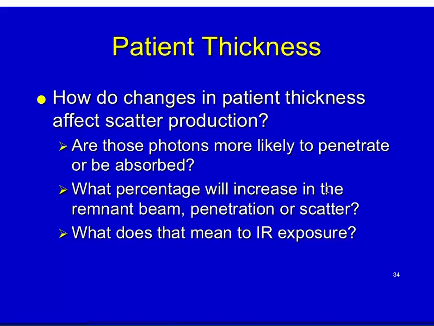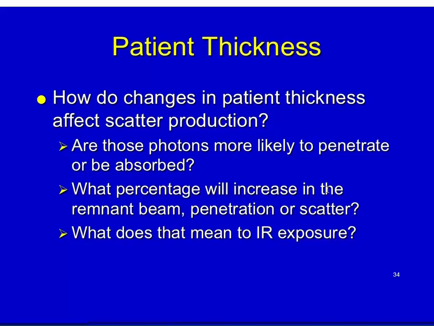If you have one layer of soft tissue that you're trying to penetrate, that's just one layer of atoms that the X-ray photons can interact with. And if you have two, then there's two. If you have four, then there's four. If you have 100, then there's 100.